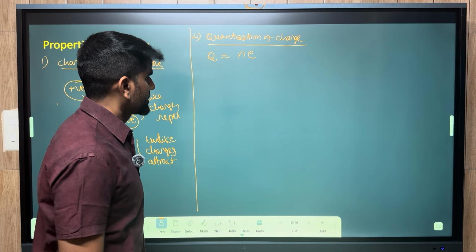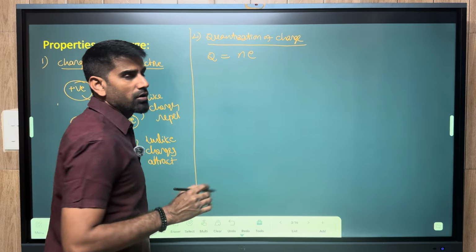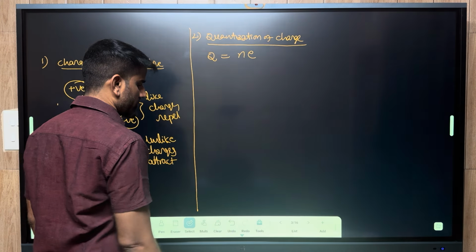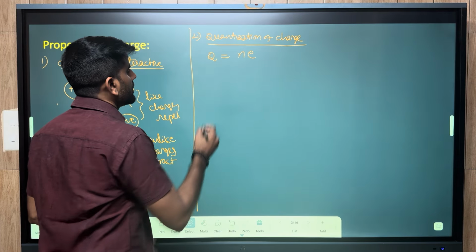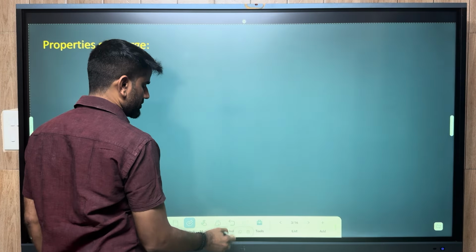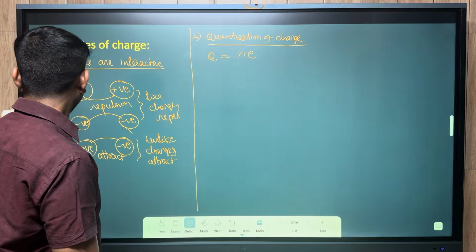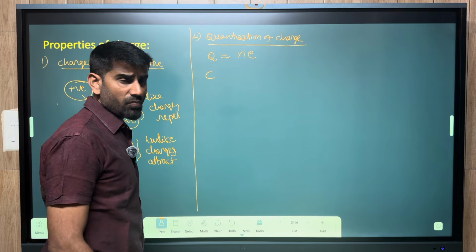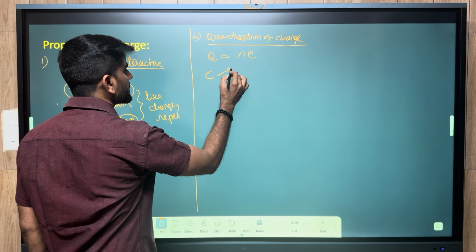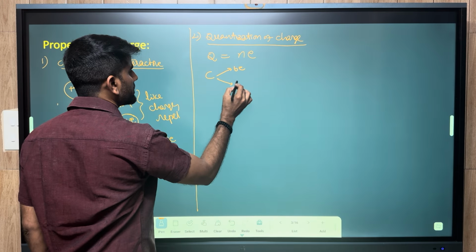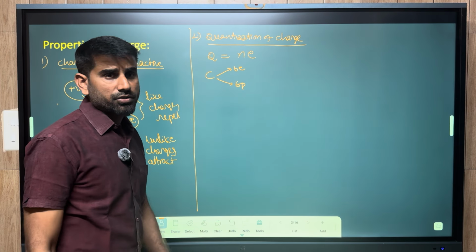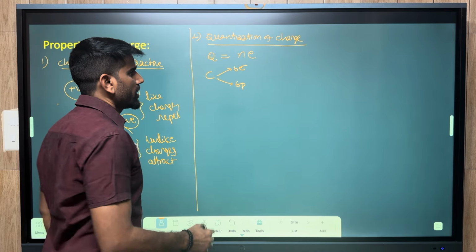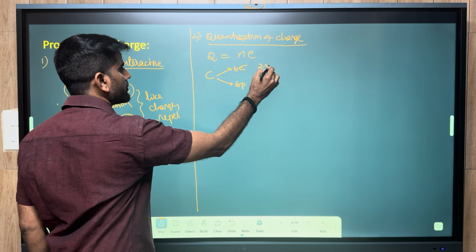Let me give you one more example. If I take carbon, there will be 6 electrons and 6 protons, right? I cannot find 2.5 electrons.